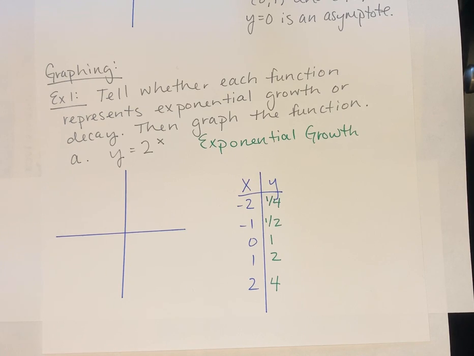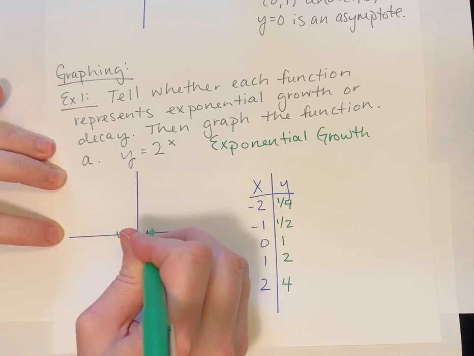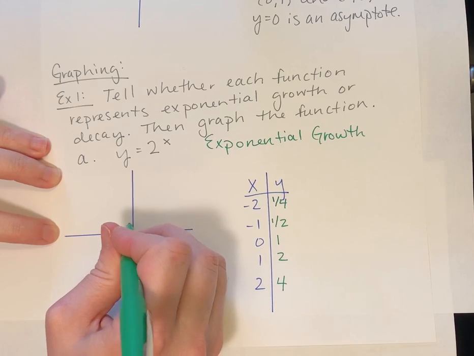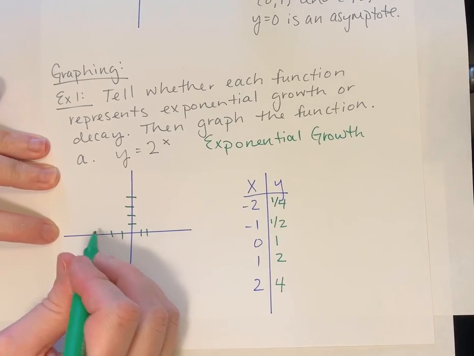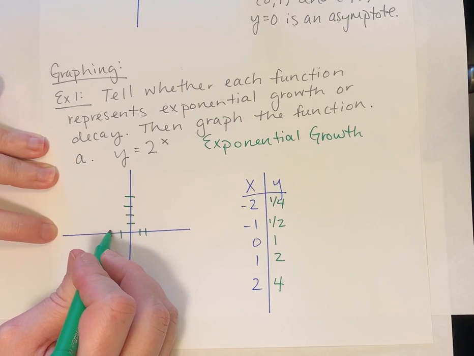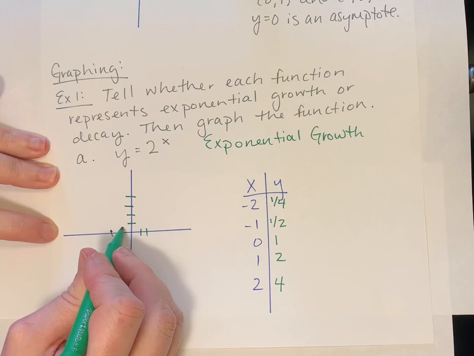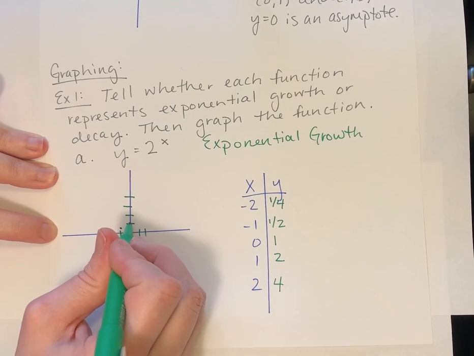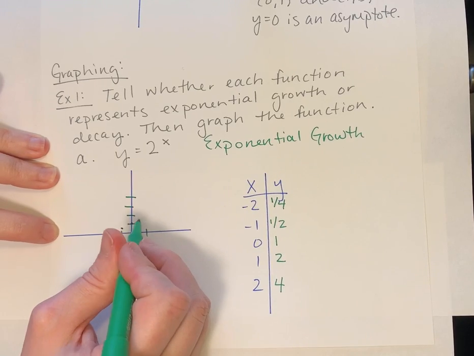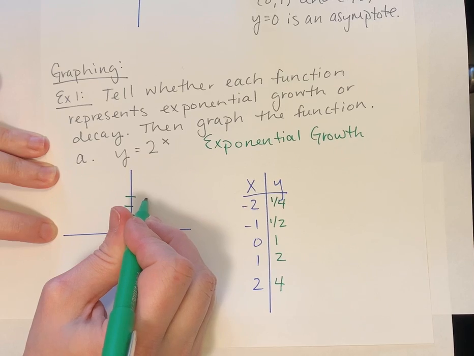So now you have some ordered pairs that you can graph. I go up to 4. Okay, so -2 and 1/4 is about here. -1, 1/2 is about here. 0, 1, 1, 2, and 2, 4.